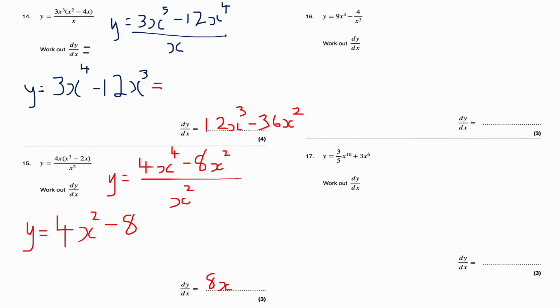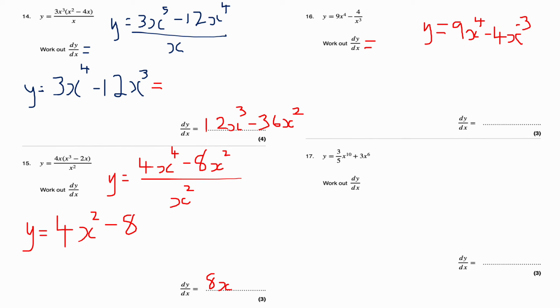Question number 16, guys. y is equal to 9x to the 4 minus 4 over x cubed. Find dy by dx. Well, let's just change it so it's in index form for the second part. So I get 9x to the 4 minus 4x to the negative 3.